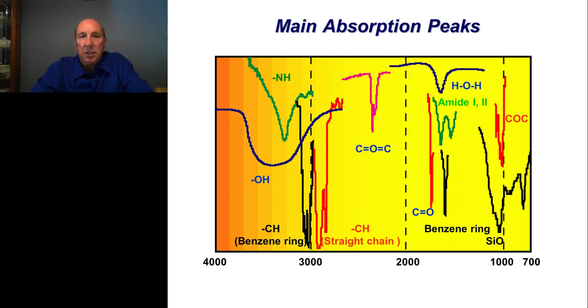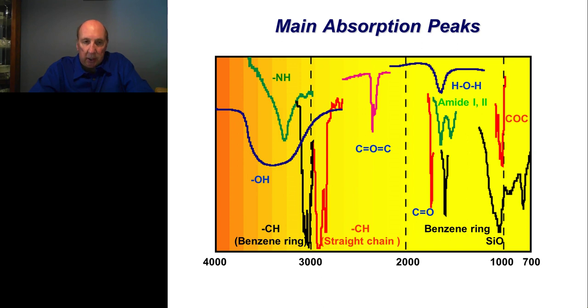There's another stretch right about 2250, same as that nitrile, the C triple bond N. And then we have the HOH bend, the amide 1 and 2 bands for proteins. Carbonyls are right around 1750. Benzene rings, we see some things there, and so on down the line.